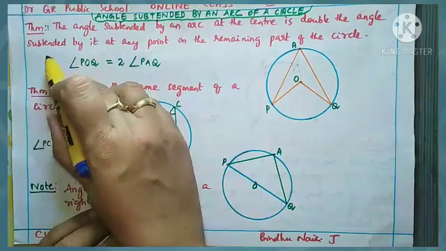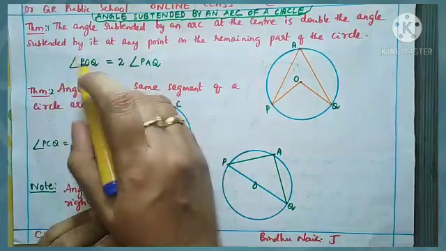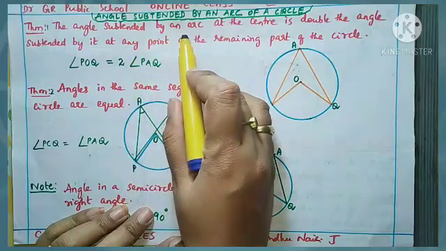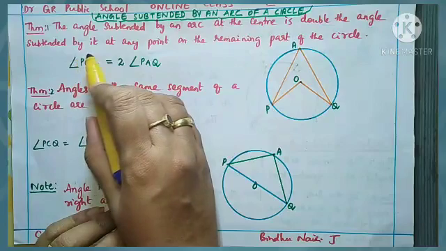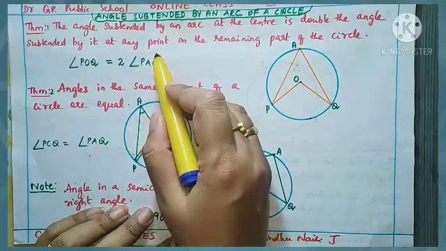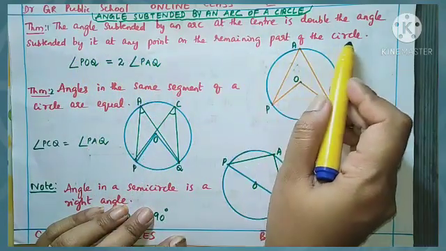The first theorem in this section is: the angle subtended by an arc at the center is double the angle subtended by it at any point on the remaining part of the circle.